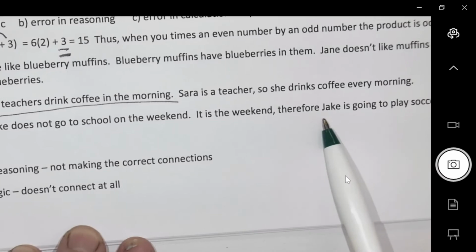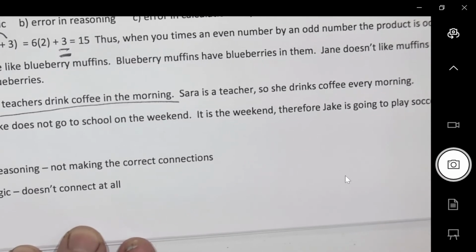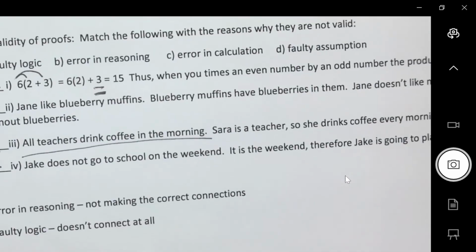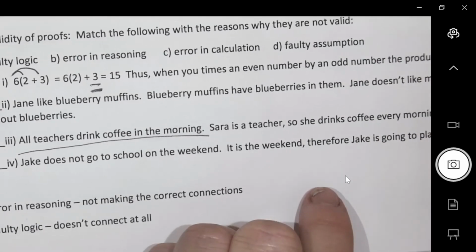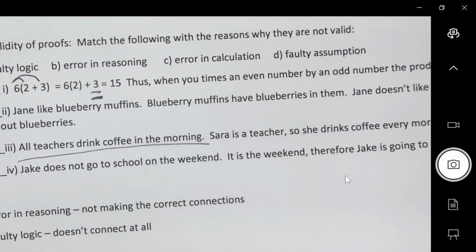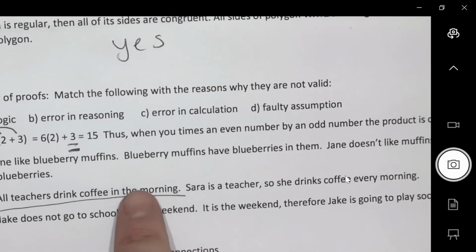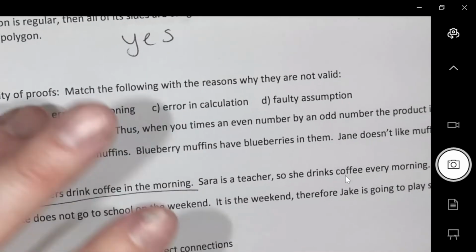It is a weekend, therefore Jake is going to play soccer. So that one is faulty logic, not even connecting two ideas together. Okay? We're talking about not going to school, and now we're talking about soccer. There was no tying those ideas together. Unlike the Jane blueberry one, she's trying to tie the ideas together, but she just didn't tie them together right.